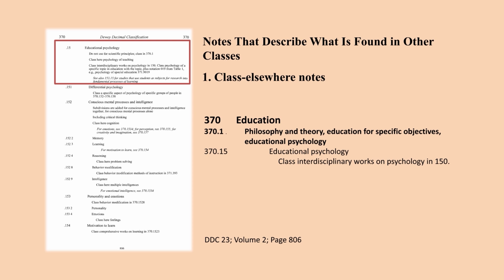Here it is mentioned: class interdisciplinary works in psychology in 150. So here, if we want to find a number for psychology under educational psychology, then it will tell us that comprehensive or interdisciplinary work on psychology is in 150. So under educational psychology, the interdisciplinary work should not be classed.